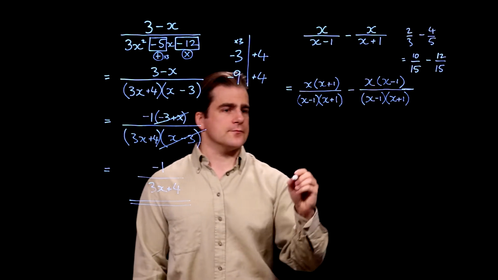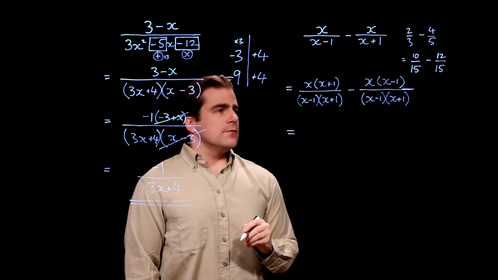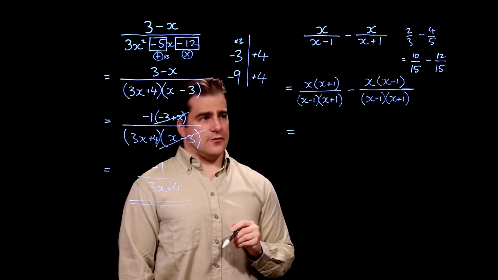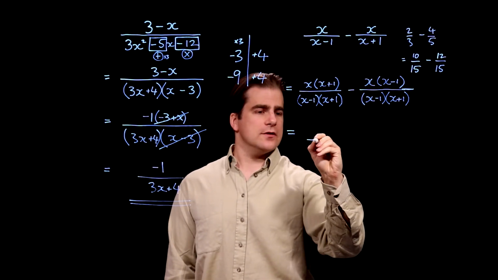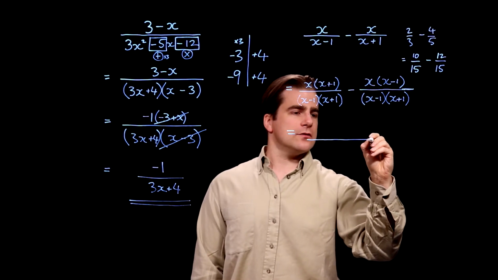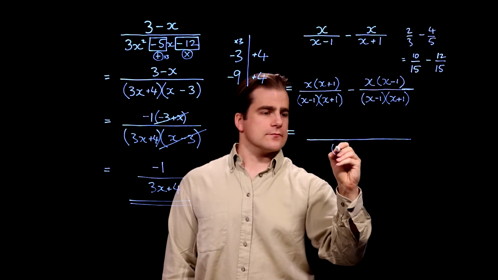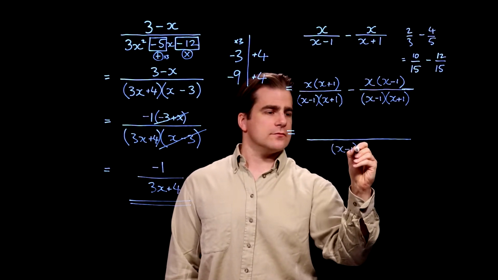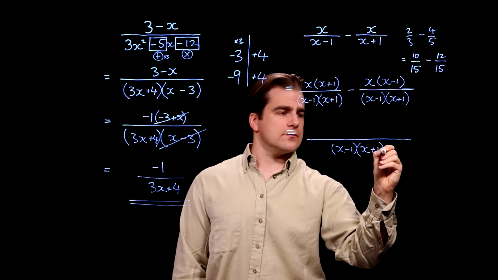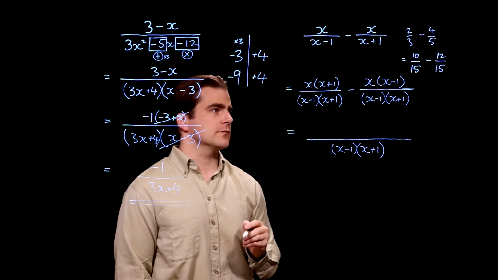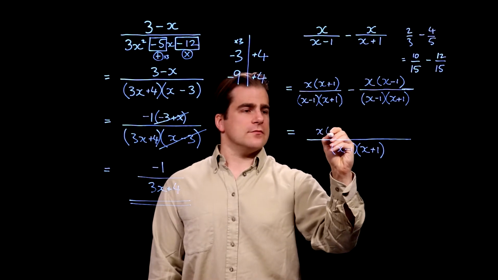Right, now we can go in a number of directions. I think it would be nice now to write it all over x minus 1 times x plus 1, and the top is going to stay the same.